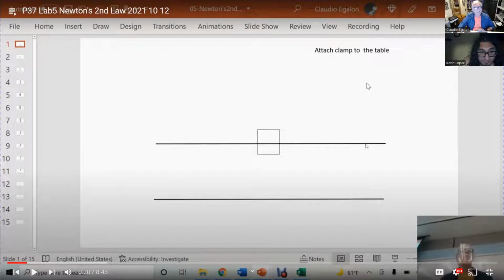It's a machine that we use to demonstrate Newton's second law of motion. What you see here is the floor and the top of the table. What we're going to do is verify Newton's second law of motion.